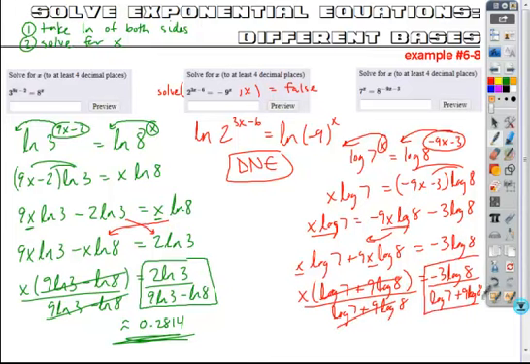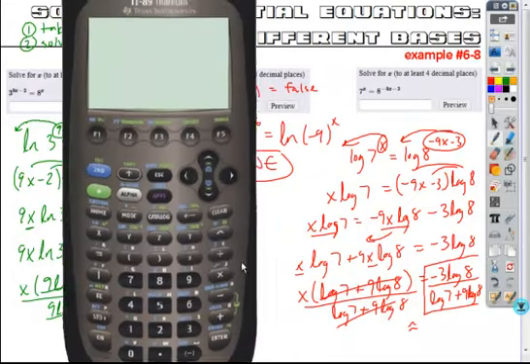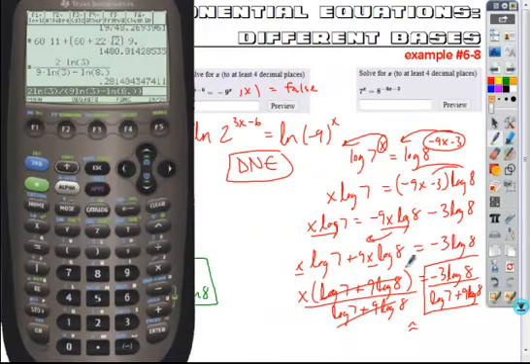Here's the exact answer. If I want to find the decimal equivalent, I can calculate it. Here, negative 3 log 8 divided by the entire quantity, log 7 plus 9 log 8.